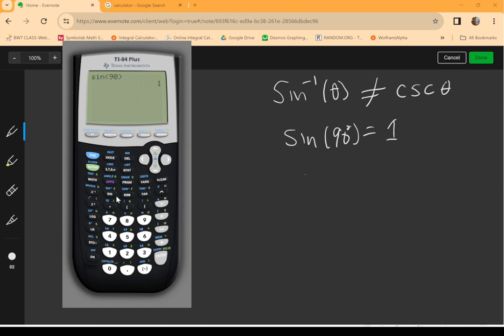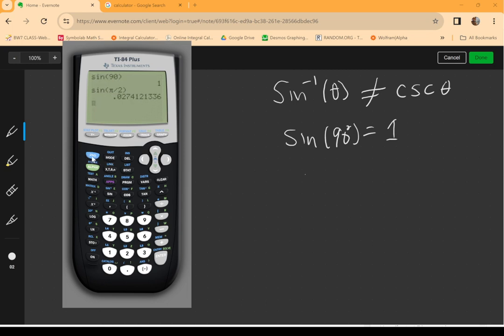Now keep in mind that it is important that you are in the right mode, because you could say sine, second, pi over 2, and if you're not in the right mode, you'll get an incorrect answer. So when you are given radians, always double check what mode you're in. Let's get to radian mode, go second quit, and do that same thing again.